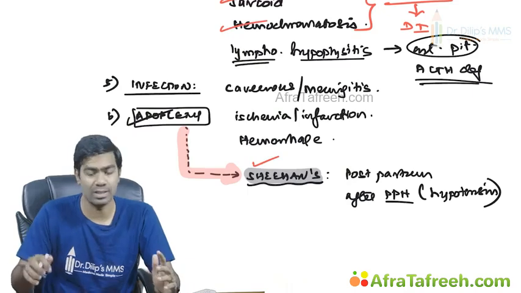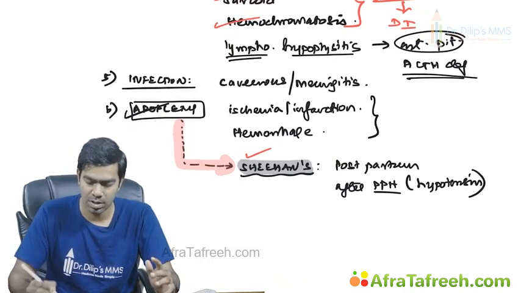Depending on the textbook you study, they will give Sheehan syndrome as a subtype of pituitary apoplexy, or as a separate disorder, because some authors consider Sheehan syndrome a separate entity and don't put it under apoplexy at all. So it's a postpartum necrosis of the pituitary due to hypotension during the postpartum period, especially after postpartum hemorrhage, because the presentations are completely different.